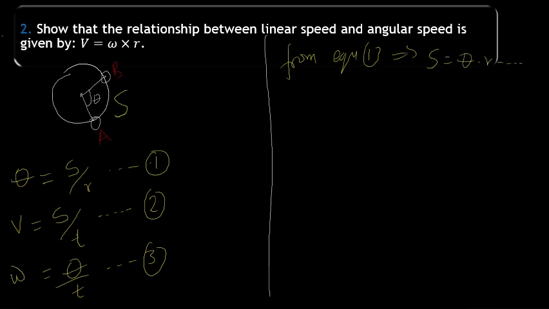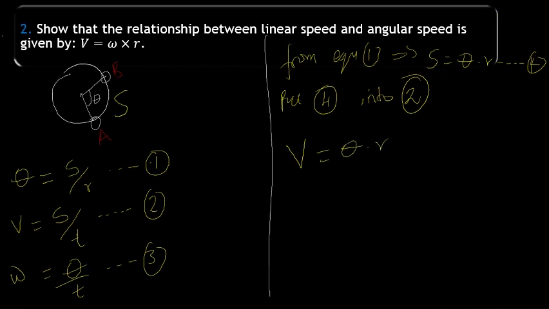Let's call it equation 4. Put equation 4 into 2, then we have v equal to theta times r all over t. Now recognize that theta over t is our omega. So v becomes omega r.